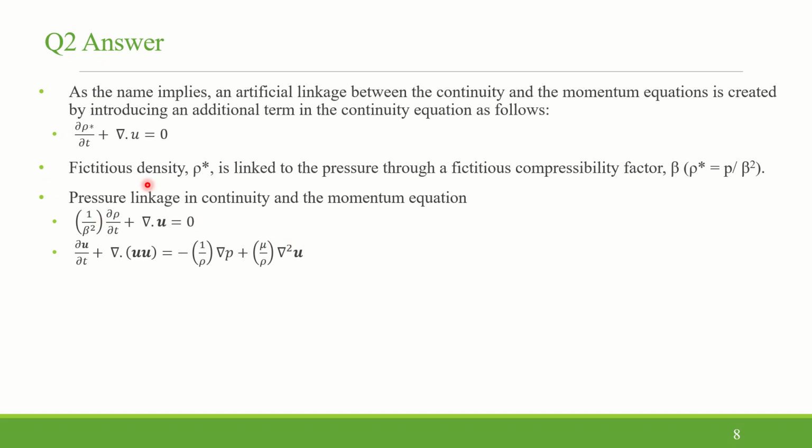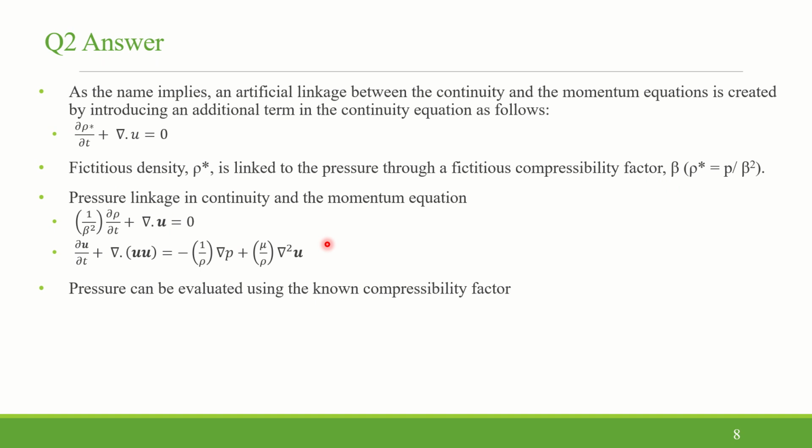So this is the newly formed continuity equation wherein we are introducing the fictitious compressibility factor, and this is the momentum conservation equation. So these are the equations which we will be solving.